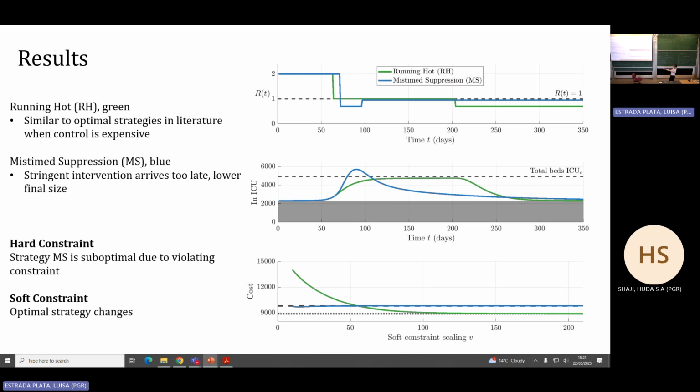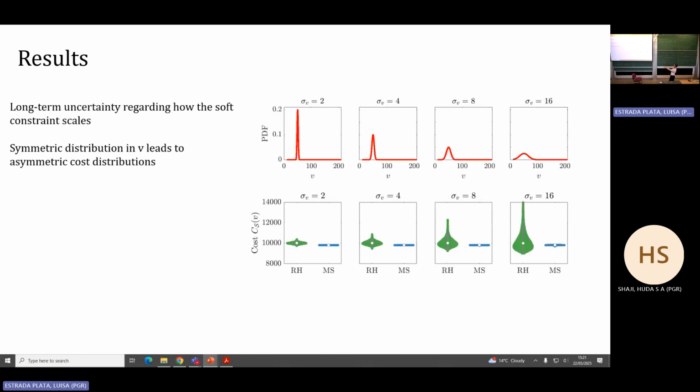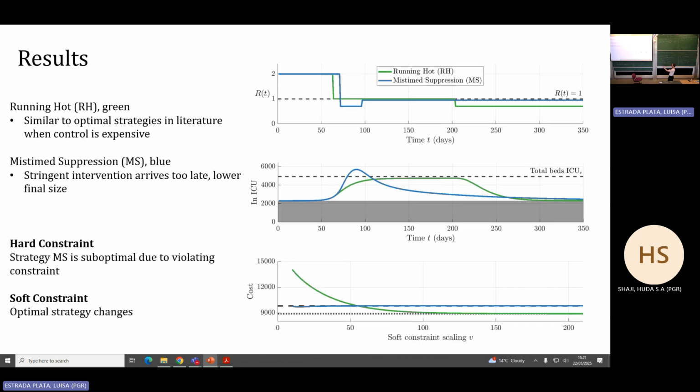But as you decrease V, having a probability of a very high cost leads to this heavy tail effect. Whereas the other one is a bit more independent of variance, where the distribution is quite flat, and that's because it spends very little time just above the ICU capacity, and not that much time just below it as well.